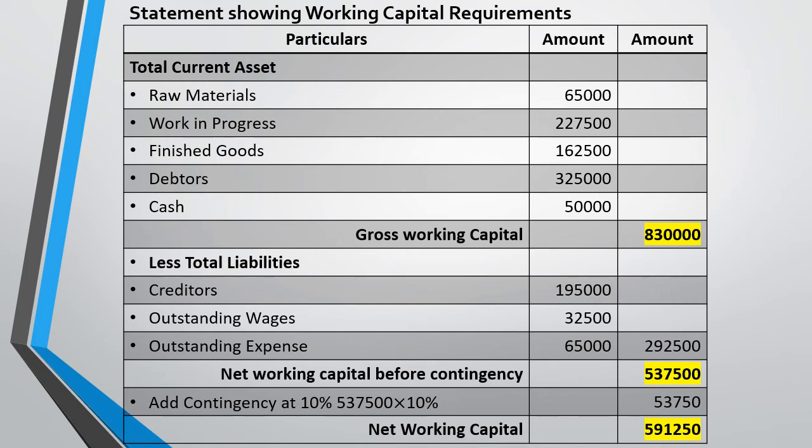Once cost of production is found out, the next step you have to find out the total assets and liabilities, that is current assets and current liabilities. Once you find out the current assets and current liabilities, the next step it will be very easy for you guys to substitute the information or put on the calculated information. So that's how the calculation of working capital requirement is done.